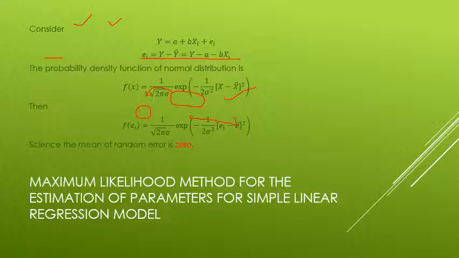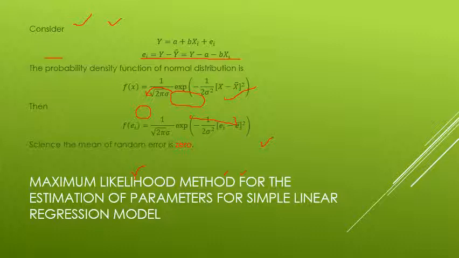The probability density function for the normal distribution is this. I think you already know about the normal distribution function. For variable x, there is x minus x bar. We use here the variable ei, so for ei we put ei and e bar.